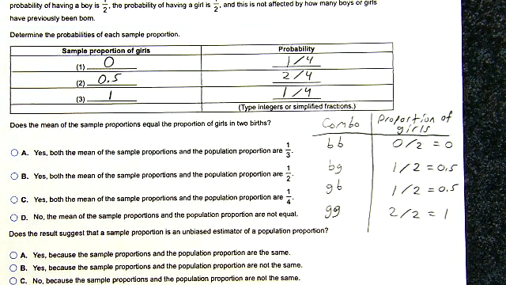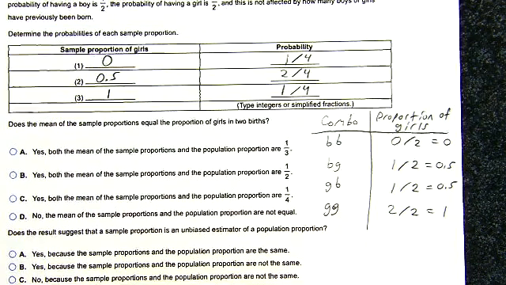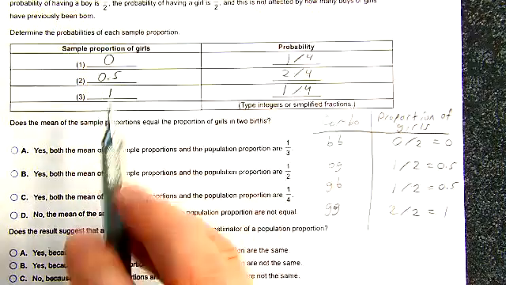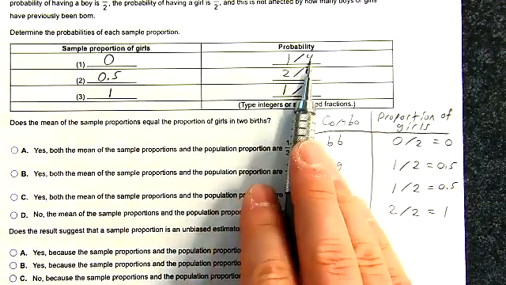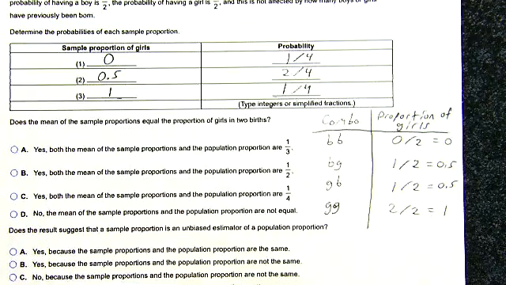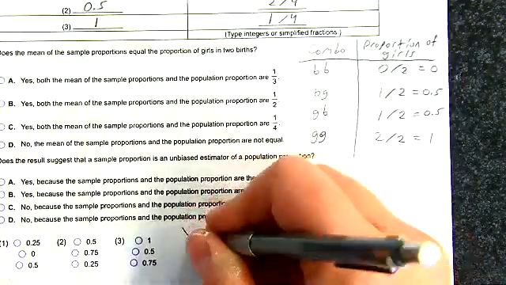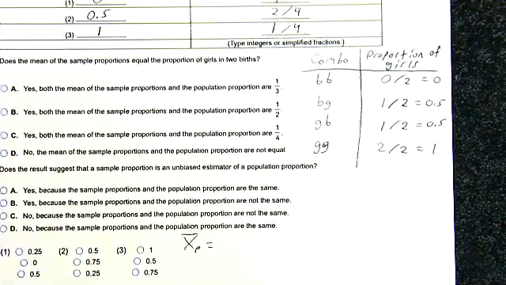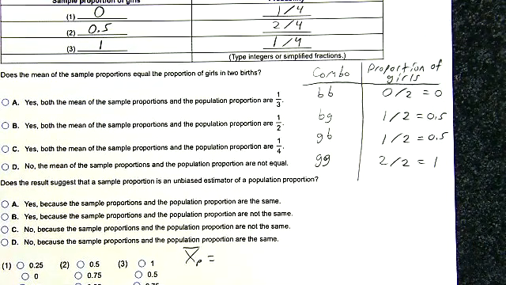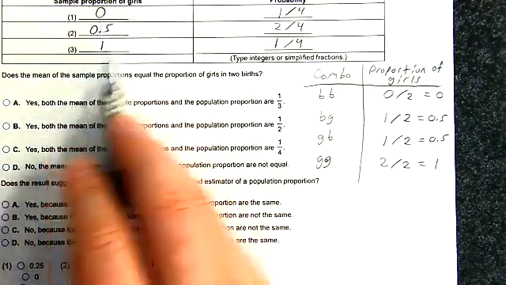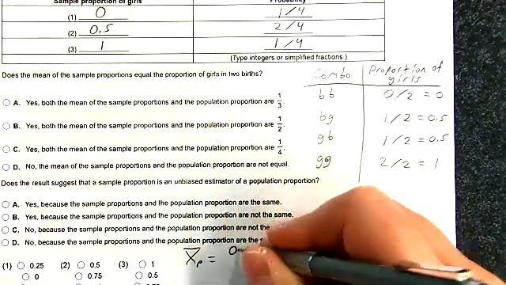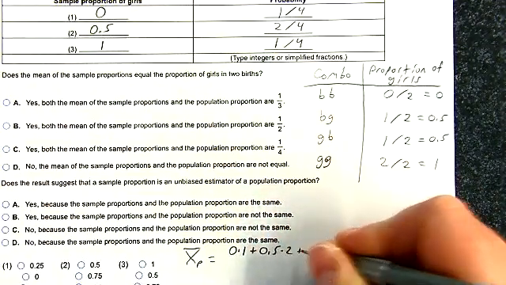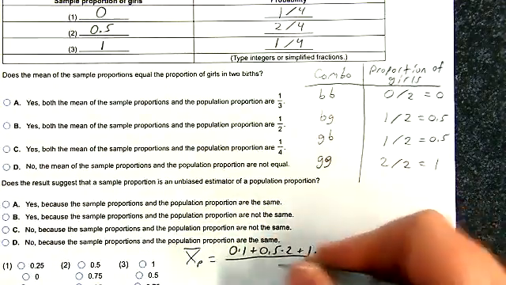And then just like before, in all problems in this section, what we did next was take each of these numbers times their probability. So the mean proportion of girls would equal, and I'm going to do the shortcut method I showed towards the end of class, just take each of these numbers here times the first number. So it'd be 0 times 1 plus 0.5 times 2 plus 1 times 1 all over 4.